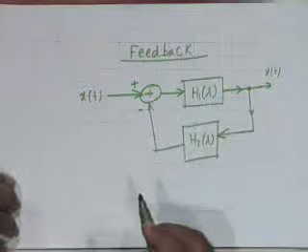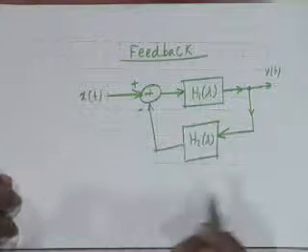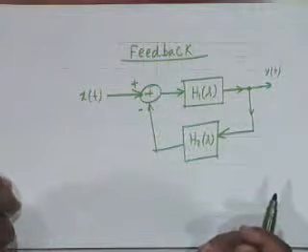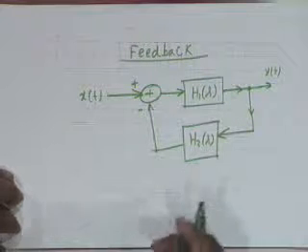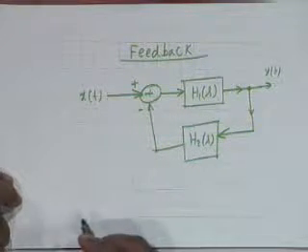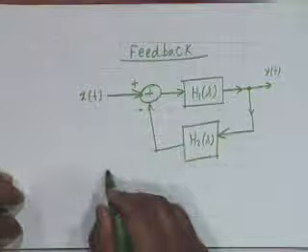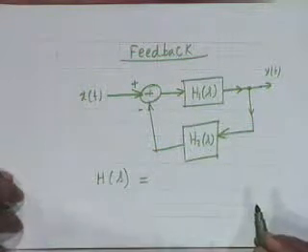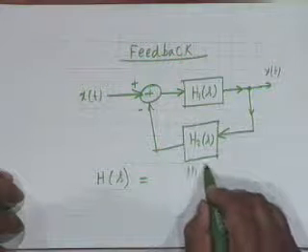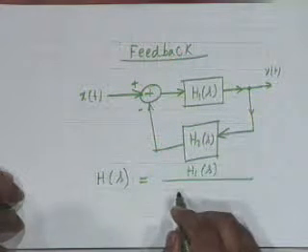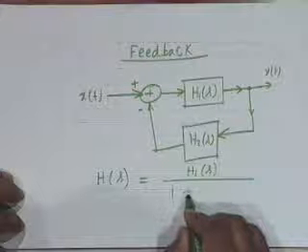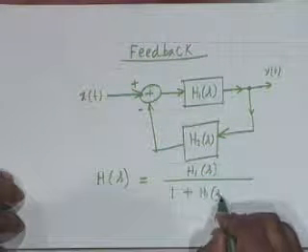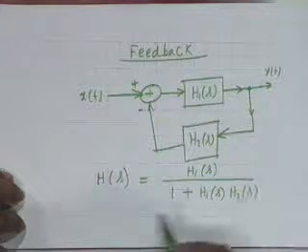This is called a feedback system, and you will get plenty of feedback systems in practice, in control, in communications, in circuits, in active circuits, amplifiers, and so on and so forth. And you can show this also, I shall leave it for you. You can show that h of s is given by h1 of s divided by 1 plus h1 of s h2 of s.